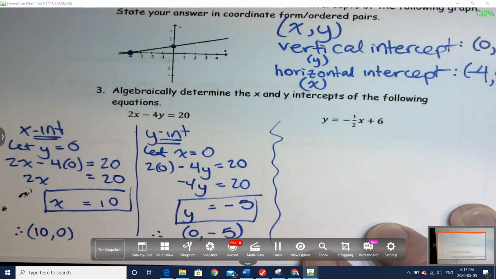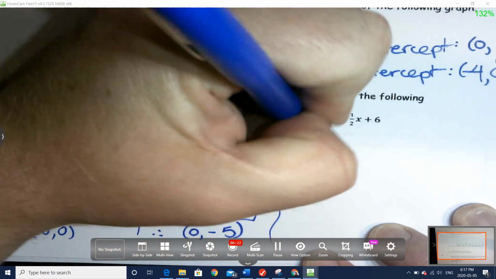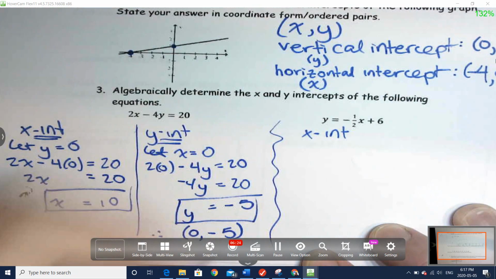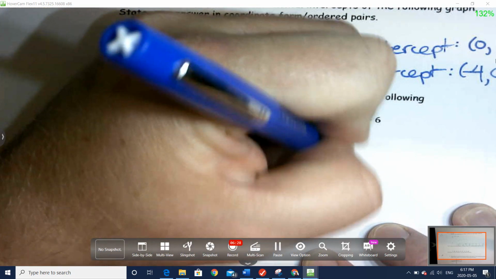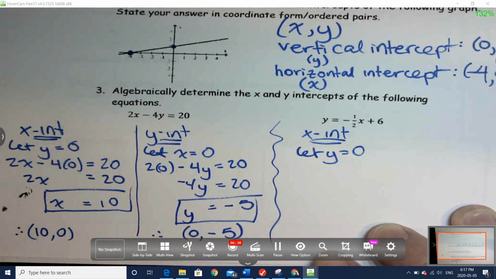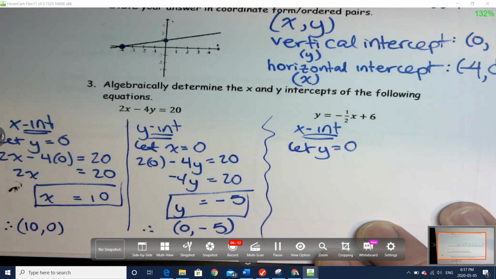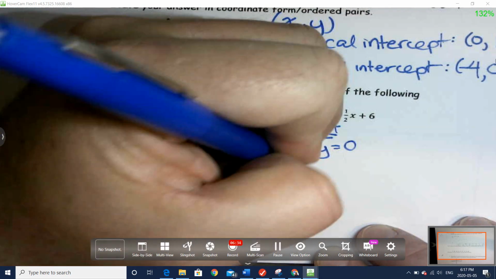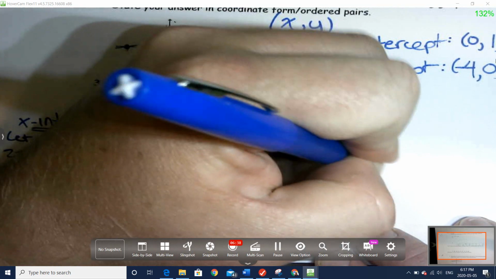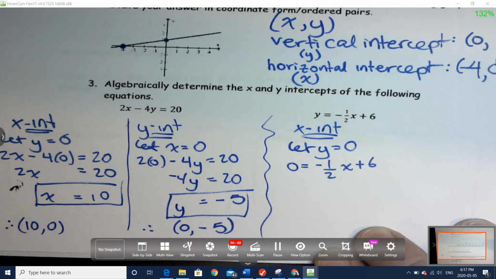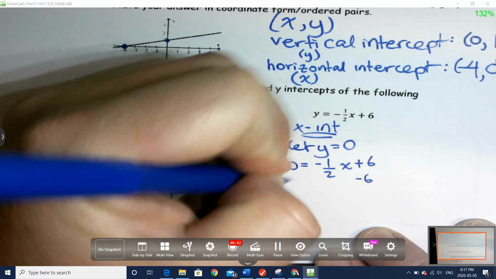The second equation, when the y is isolated, let's find the x-intercept. Let y equal 0. So if we're going to let y equal 0, that would mean that we have 0 equals negative 1/2 x plus 6. We need to isolate our variable. We'll subtract 6 from both the left and the right.